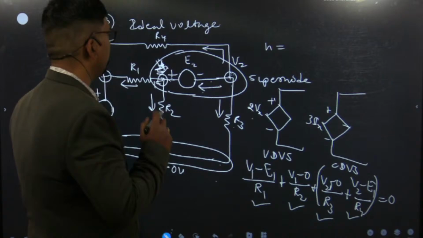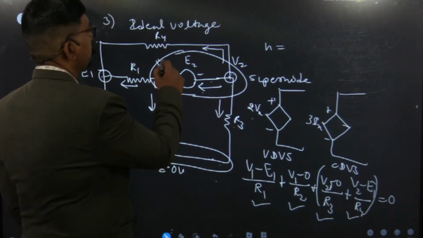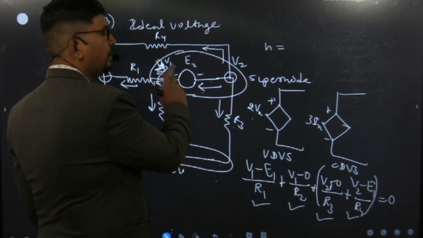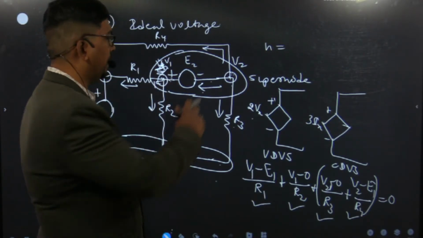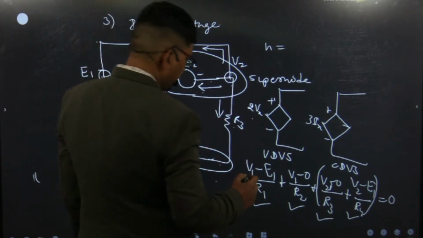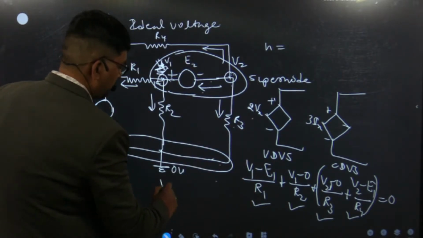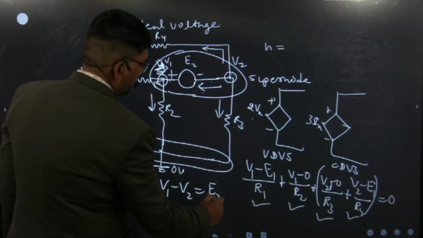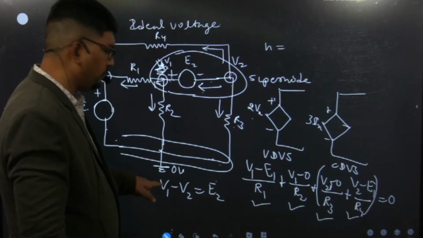Now what will be the second equation? We will determine it here; this is your V1. V1 is connected to the positive polarity of E2 and the negative is connected to V2. So the potential difference will be V1 minus V2, which equals E2. Now why do we consider V1 minus V2?